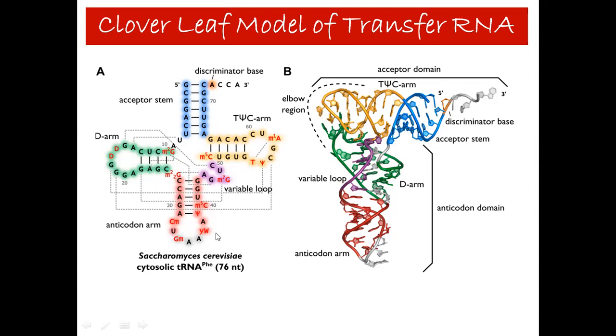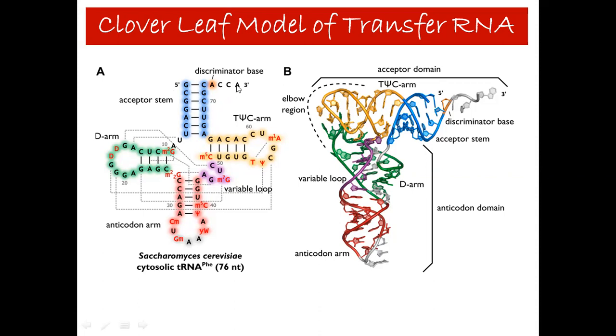This kind of loops they have, containing 7 or 8 bases, at the ends, and the remaining unlooped stem contains free 3' hydroxyl and 5' ends of the chain.